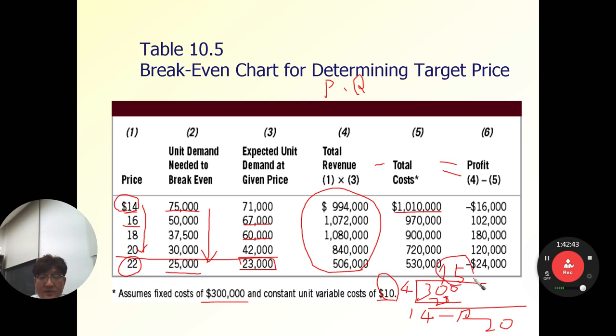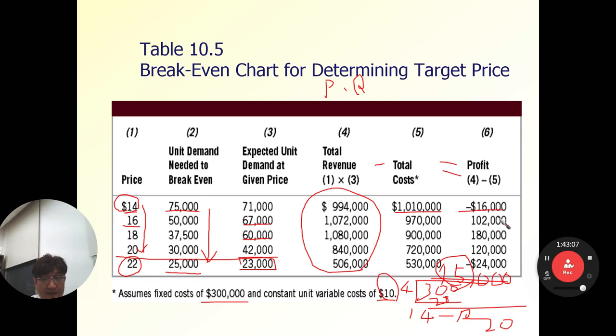You need to sell at least 75,000 units to break even. However, at this demand, demand is only 71, which is less than your break-even point, which means what? You have negative profit.